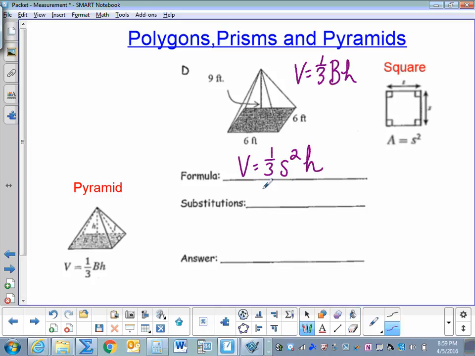So 1/3, the side squared, 6 times 6 is 36, times the height of 9. So 1/3 of 36 is 12, times 9, so 108 cubic feet.